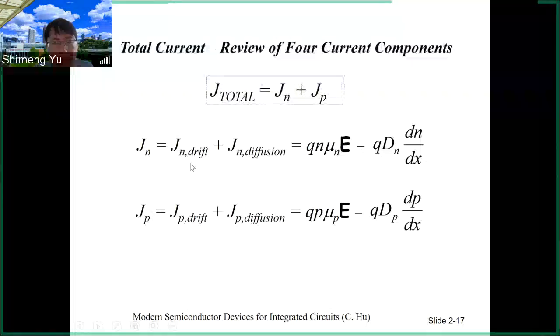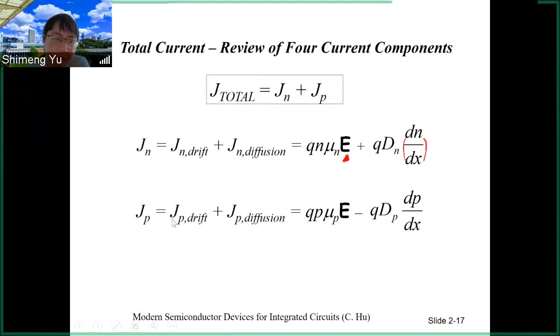This is under the electric field. And the other one is the diffusion. This is when you have the slope of the electron density, dn over dx. That is the slope. So you see the current has those two kinds of mechanisms.